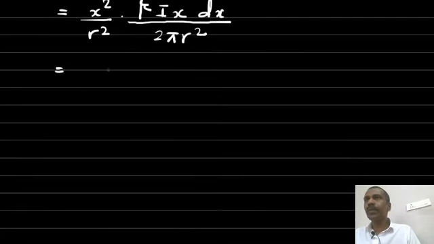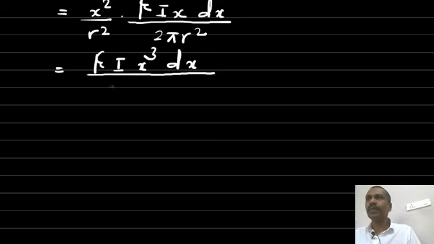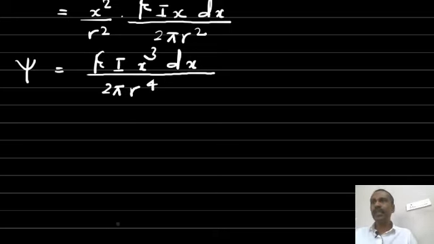So this is equal to mu I x cube dx divided by 2 pi r raised to 4. So this is the flux linkage within the small strip of thickness dx that we considered.